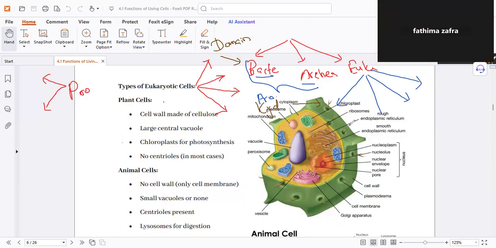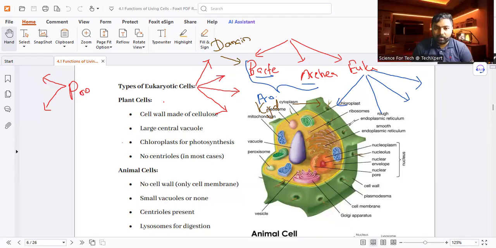Yes, sir. Then kingdom Plantae, kingdom Animalia, kingdom Fungi, kingdom Protista, likewise. Those are known as the kingdoms, and those kingdoms come under the eukarya domain. And in those kingdoms, you can see eukaryotic cells.